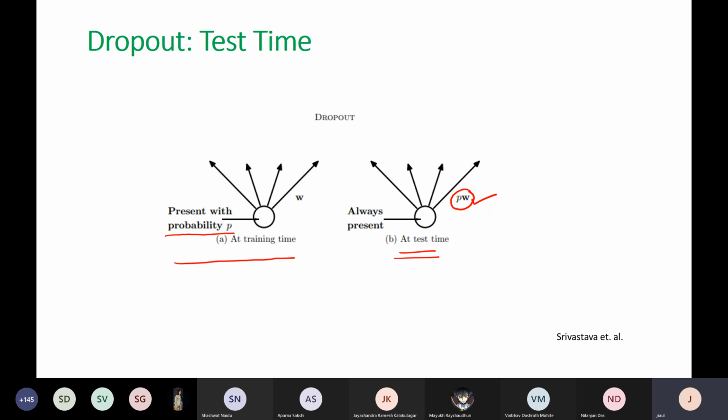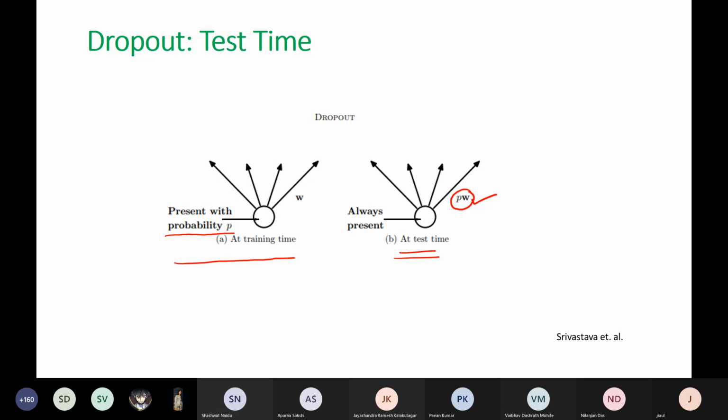Sir, can you explain once again why at test time it is P into W? When you are training, you dropped out some neurons, or rather you retain some neurons with some probability P. That means not all neurons will contribute equally during training.